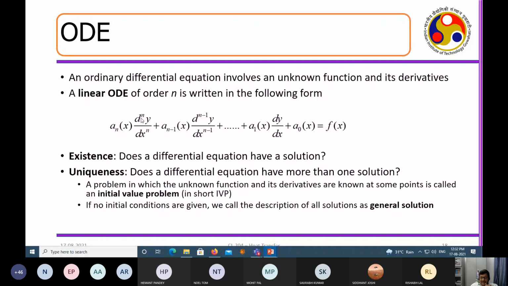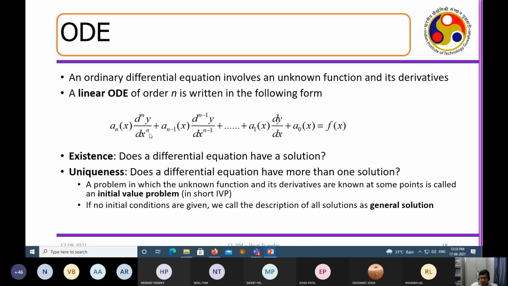An unknown function y and its derivatives, that is called an ODE. What is a linear ODE and what is a non-linear ODE? In a linear ODE, the powers of the derivative are 1. And in a non-linear ODE, the powers of the derivative are greater than 1. No, non-linear is when the coefficients are functions of the independent variable.